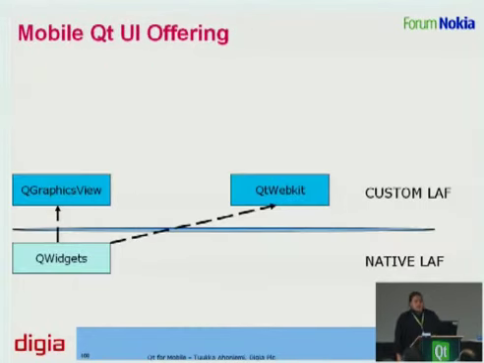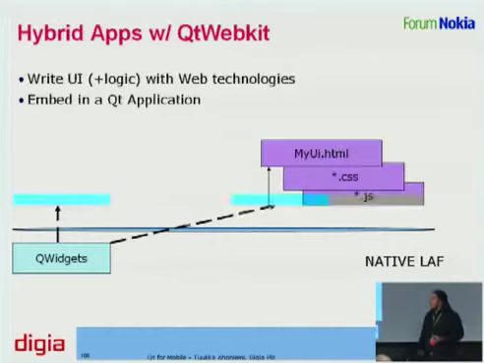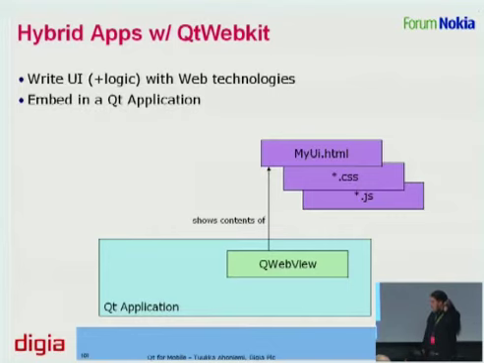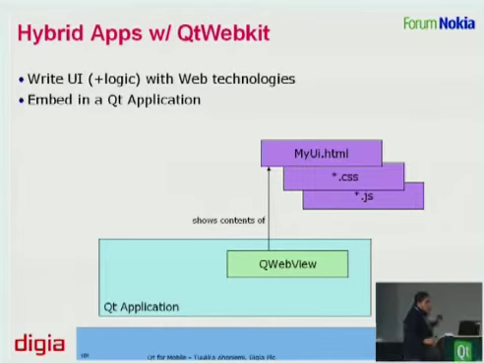We have other options. First of all, we can use Qt WebKit in order to do custom UI with web technologies. So the idea is that from WebKit, we will get the class QWebView. This is a widget that shows contents of a web page. You can have Google Maps there, whatever. You can also have an HTML page of your own that has JavaScript and CSS.